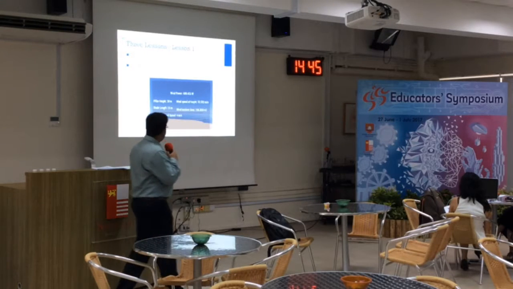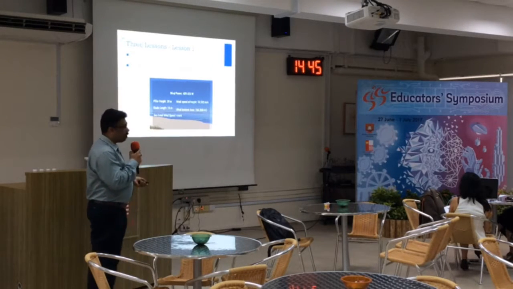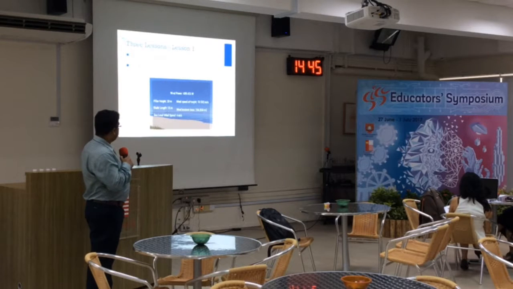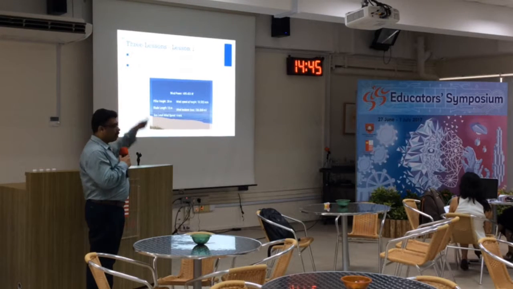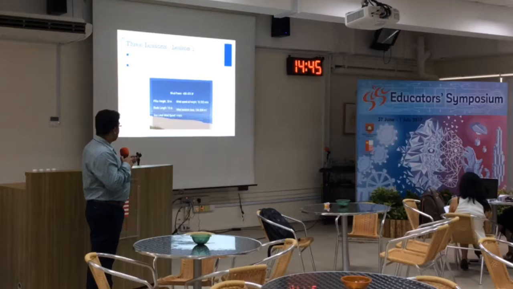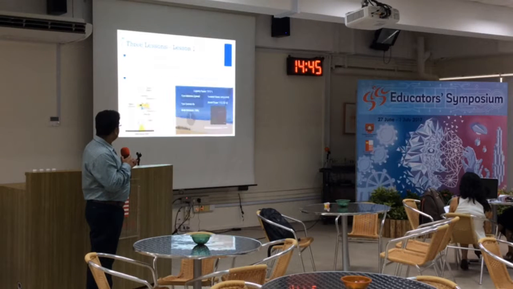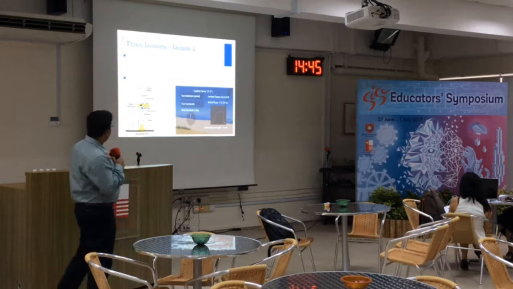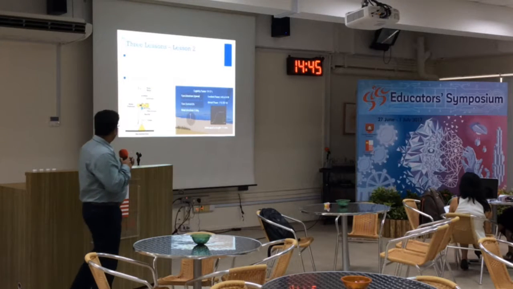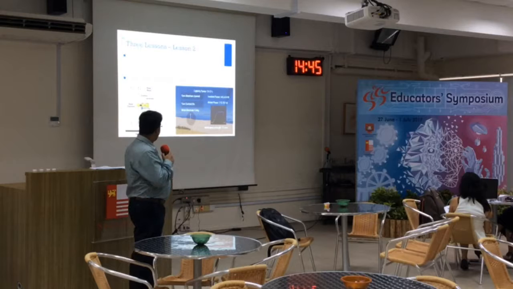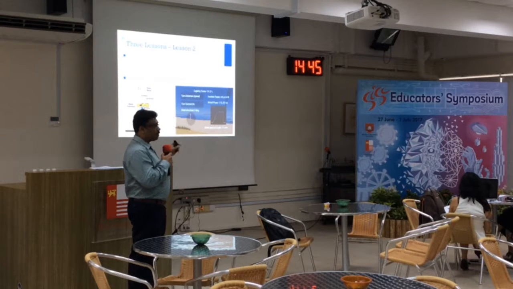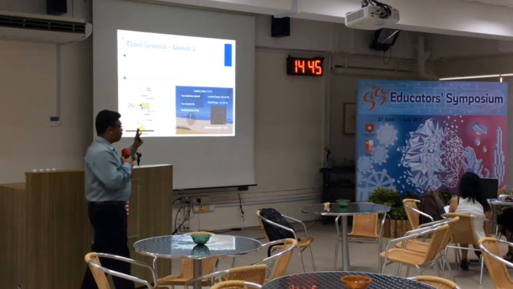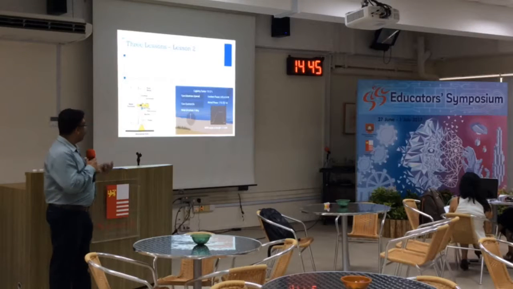One of the lessons is on teaching wind power generation: the relation between wind speed, height of the tower and blade size, and things like that. The second lesson is a bit more advanced, more on design. For example, the yaw mechanism, which turns the entire system towards the direction of the wind.